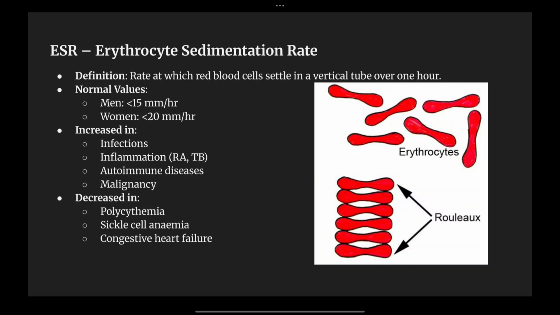If the ESR is increased, there are chances of infection, inflammation, or autoimmune diseases. It can also be due to malignancy. If the ESR is decreased, it appears to be polycythemia or sickle cell anemia, or due to congestive heart failure, the ESR rates are low.